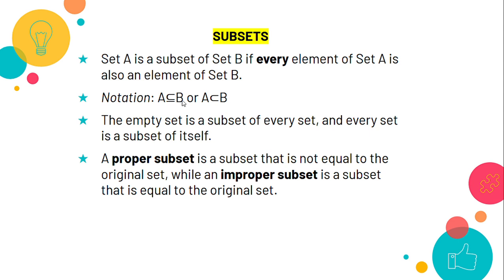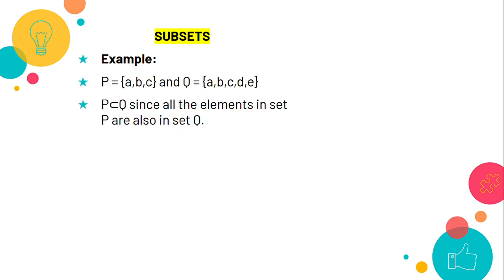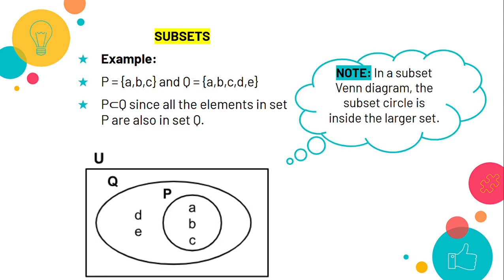So if A is equal to B, it's an improper subset, but if A contains fewer elements than B, then it's a proper subset. I hope that distinction is clear. So when we are looking at subsets, we can actually work out the number of subsets that would be in a set. But before we get to that, let us look at the Venn diagram for our subsets.